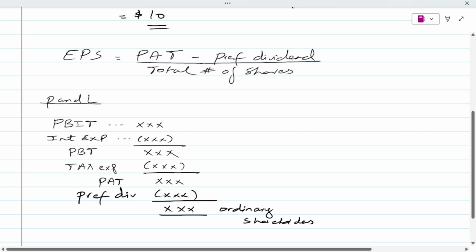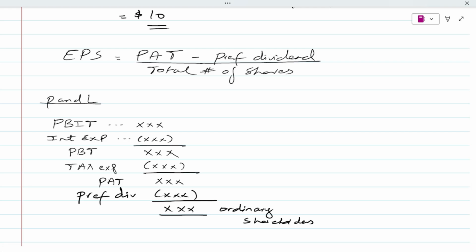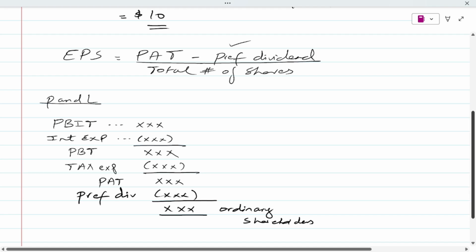And in calculating the earning per share, EPS, we take this profit which belongs to the ordinary shareholder and divide it by the total number of shares, so that we can calculate how much profit I can expect to get from the company's profit for every share that I hold in the company. So it is this profit which belongs to the ordinary shareholder that goes over here in the numerator.